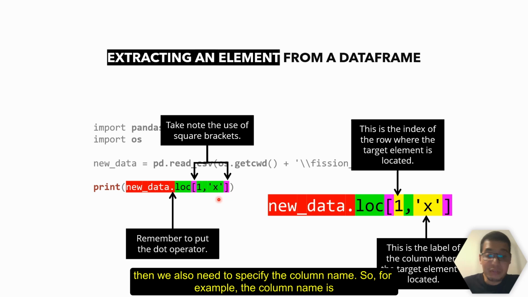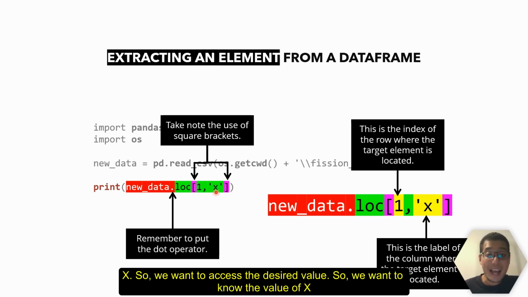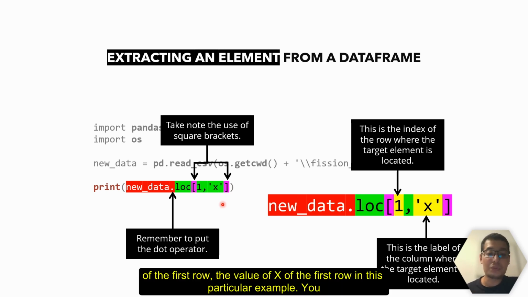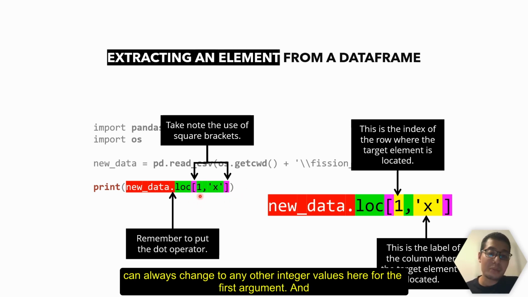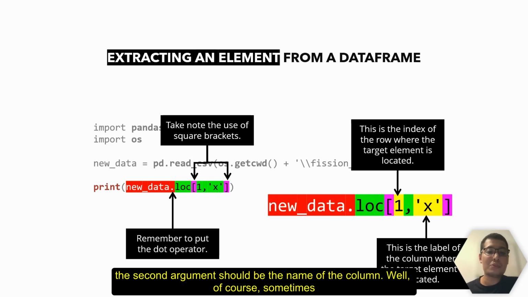For example, the column name is X. So we want to access the desired value: the value of X of the first row in this particular example. You can always change to any other integer value for the first argument, and the second argument should be the name of the column.